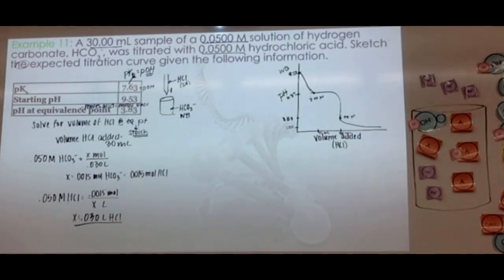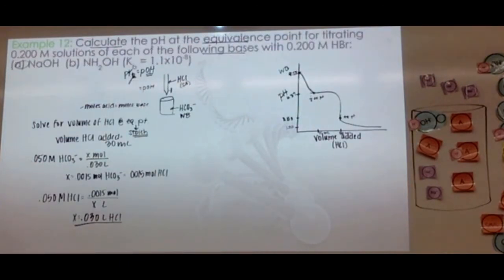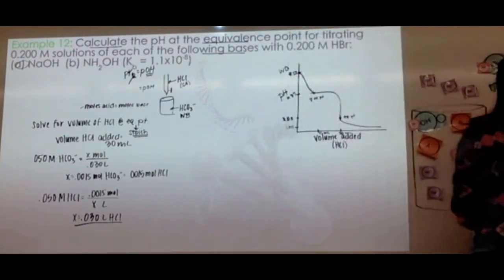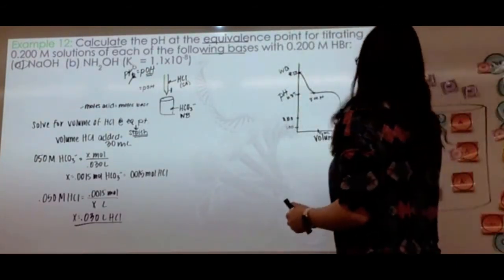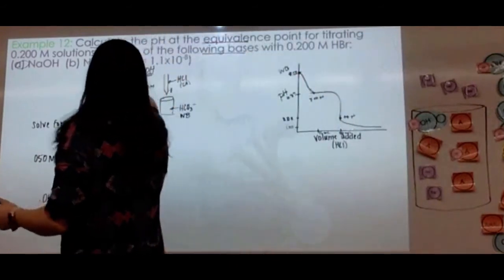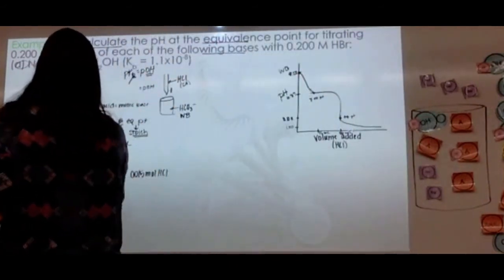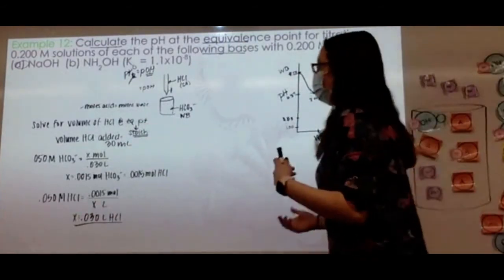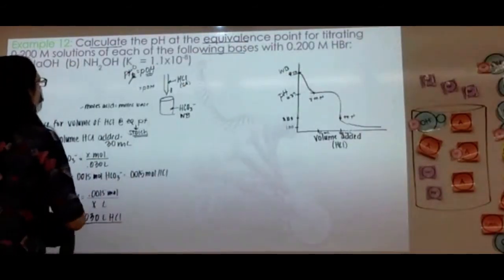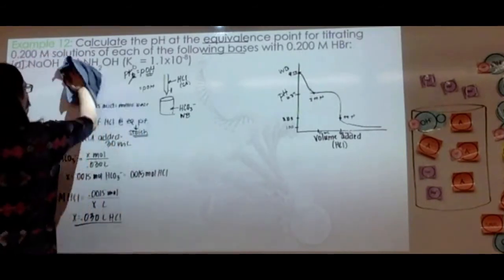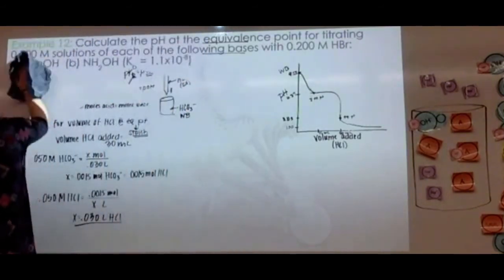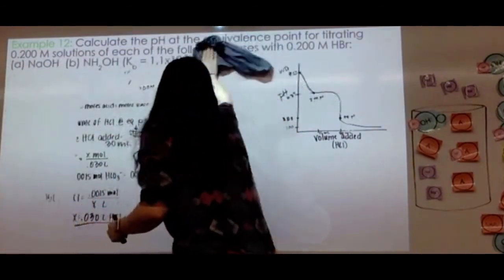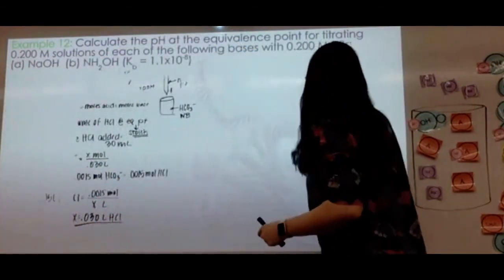So example 12, we're actually going to not calculate, we're just going to estimate. For example 12, I know it says calculate the pH, but we're going to just estimate this pH. There are two parts, a part A and a part B. So instead of calculate right here, you want to write estimate the pH at the equivalence point.